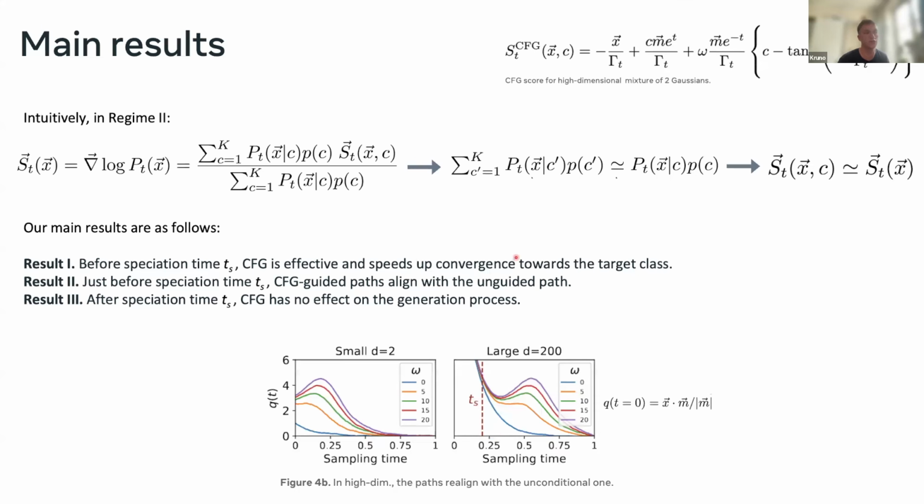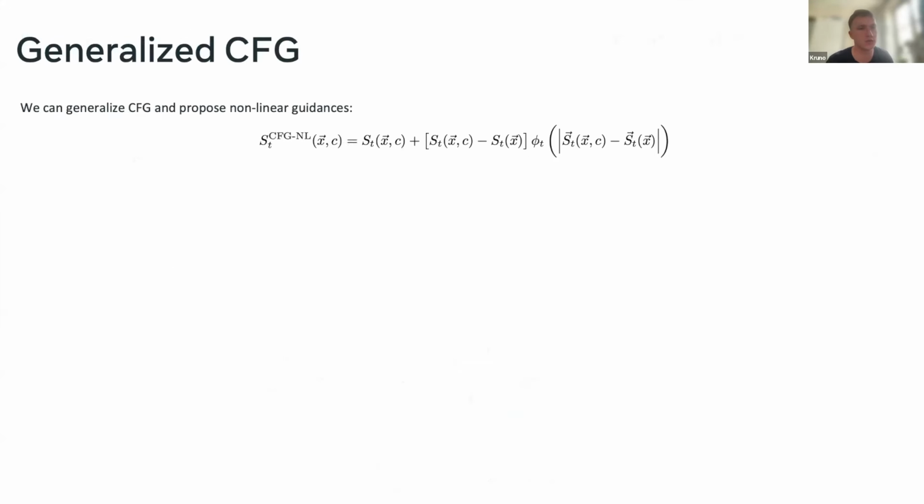After the speciation time, it's not going to have an effect because our paths have aligned with the unguided correct path, and they're going to generate the same target distribution. So the question we wanted to ask ourselves is, can we construct a generalized form of classifier-free guidance, a simple form that has the same theoretical guarantees, but maybe works better in practice?